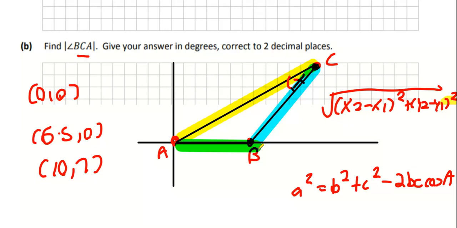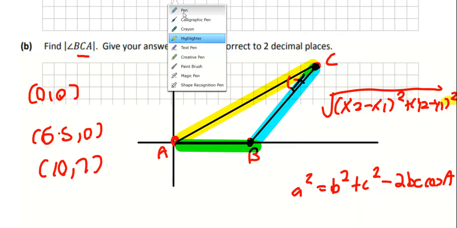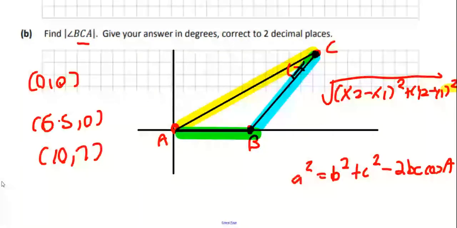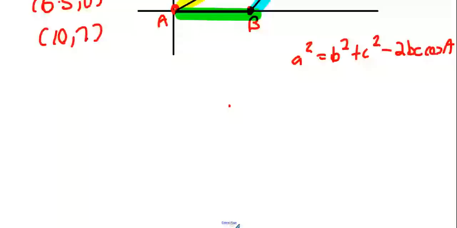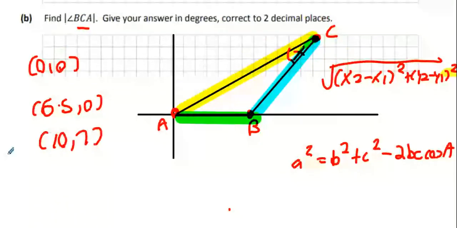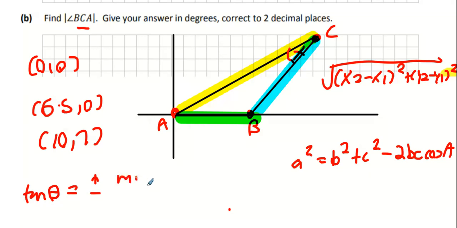The other way of doing it, which is the one that's covered if you look at the marking scheme, is the tan theta one, which is tan theta equals plus or minus m1 minus m2 all over 1 plus m1 times m2.